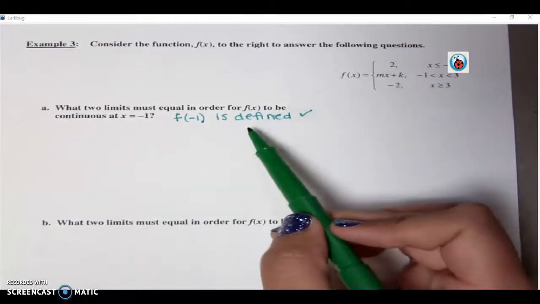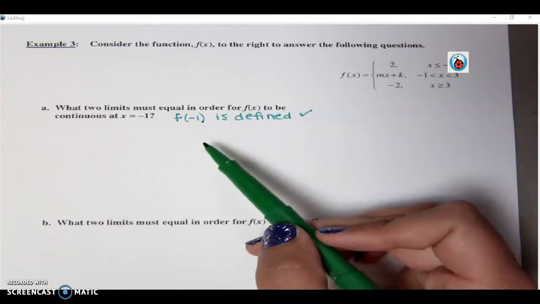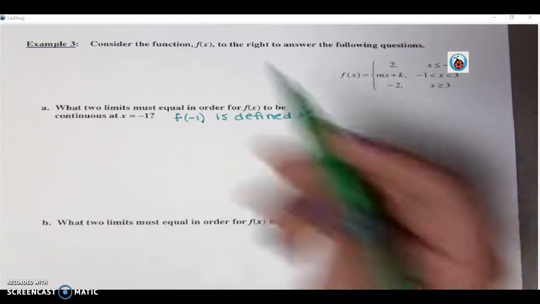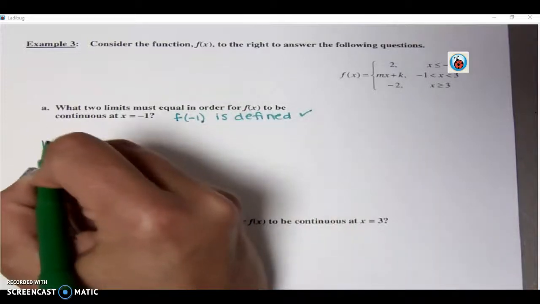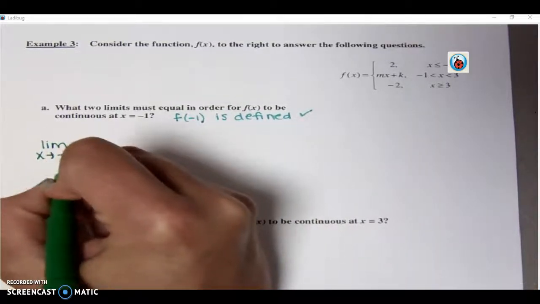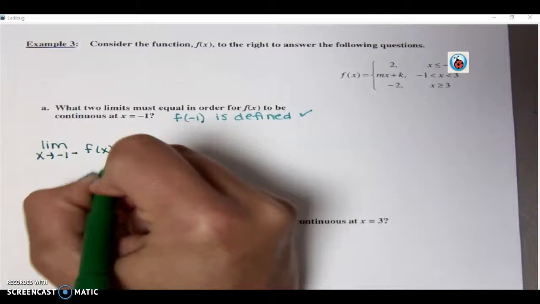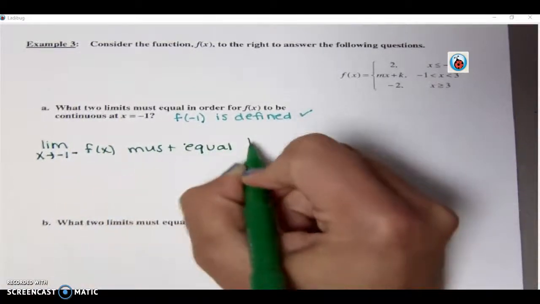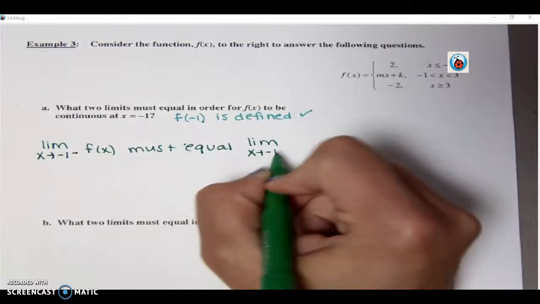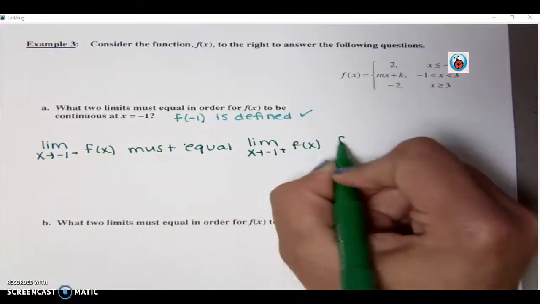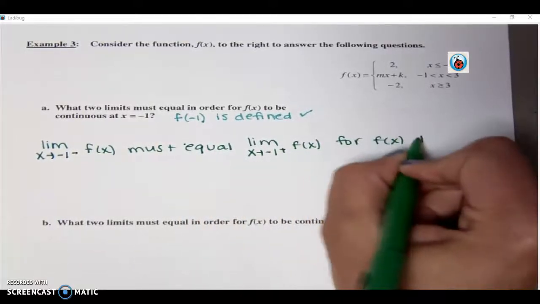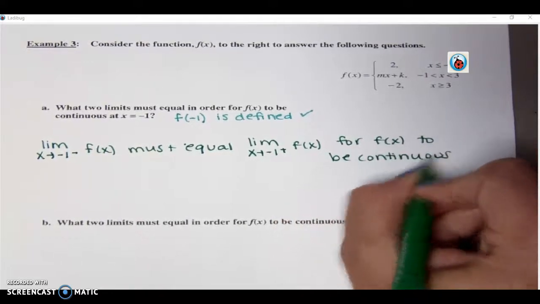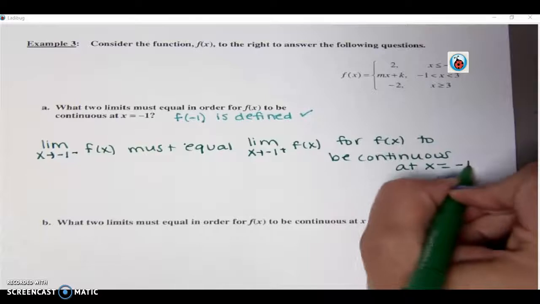So think about this was step 1. In step 2, you always say the limit exists. So remember, for the limit to exist, the left and the right limits have to be equal. So we're saying the limit as x approaches negative 1 from the left of f of x must equal the limit as x approaches negative 1 from the right, and that's for f of x to be continuous at x equals negative 1.